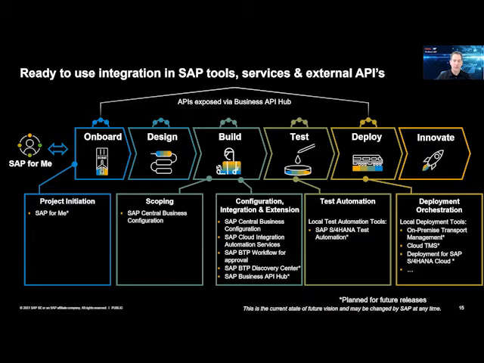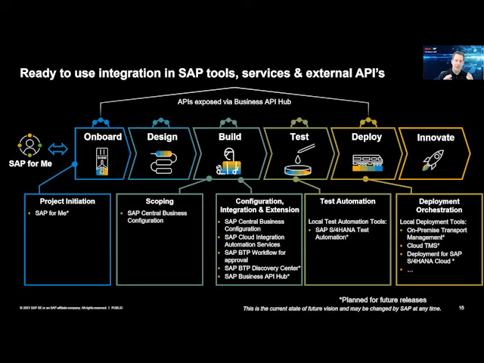Initially, certainly for the scoping, so when we need to scope the business processes to be executed in SAP S4hana Cloud, this is when we have an integration into SAP Central Business Configuration. And we also have this then when it comes to the configuration, the integration, and the extensions, because we would then trigger the configuration changes in SAP Central Business Configuration.